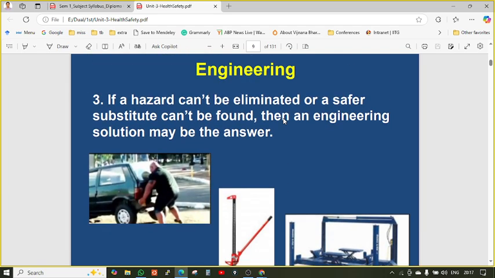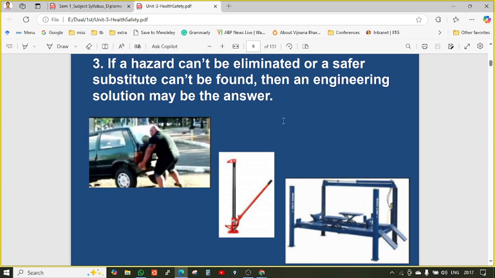Let me take the same example. There is a naked wire, you have no other switchboard, and only one light or fan is in that room, so you have to switch it on. What can you do? Without touching, from a distance you can throw a plastic rod, or use plastic hand gloves for a safer distance, or call an electrician to repair everything and switch it on or off, or call an expert, or use some different tools to switch it on.